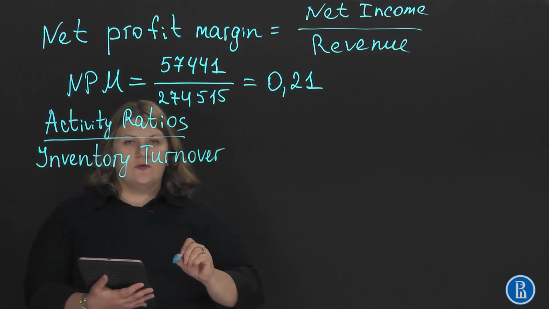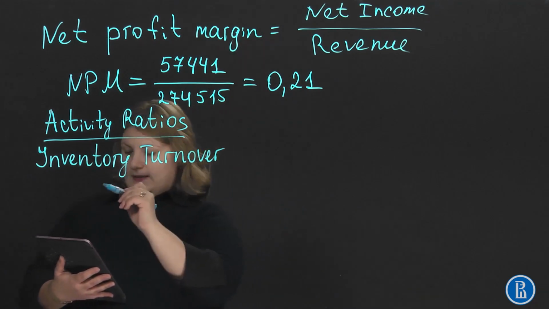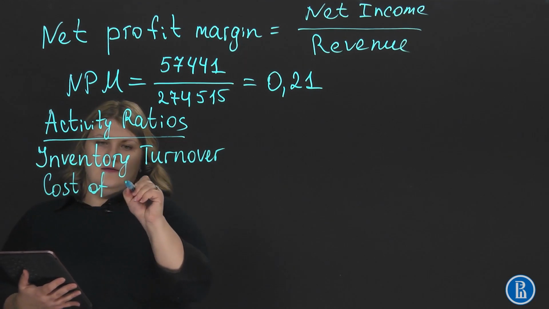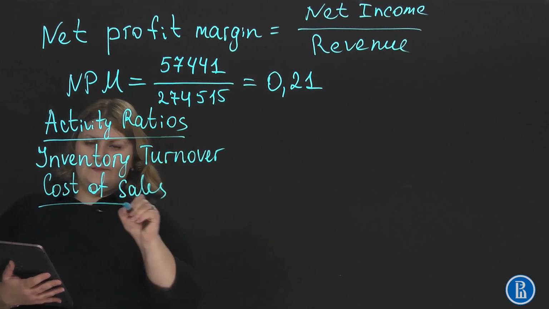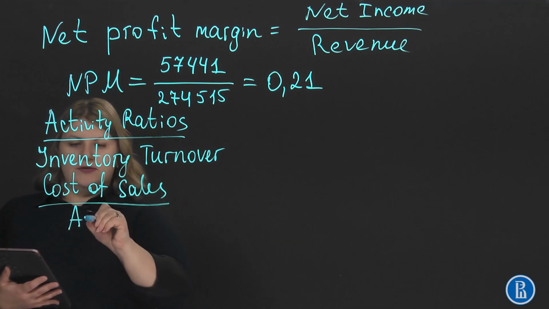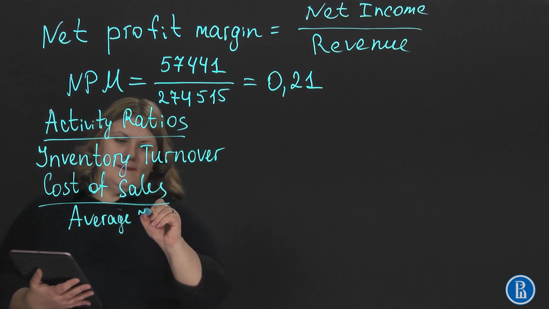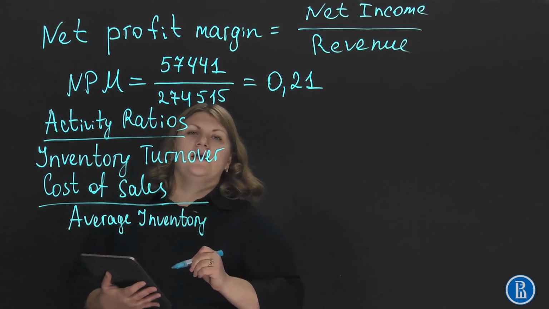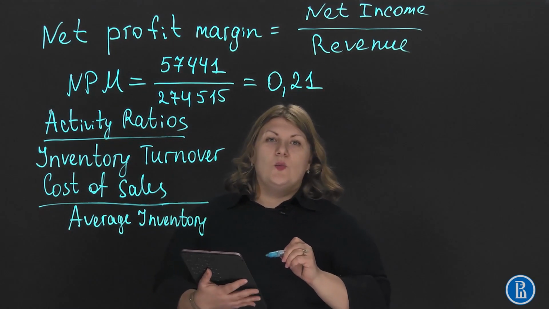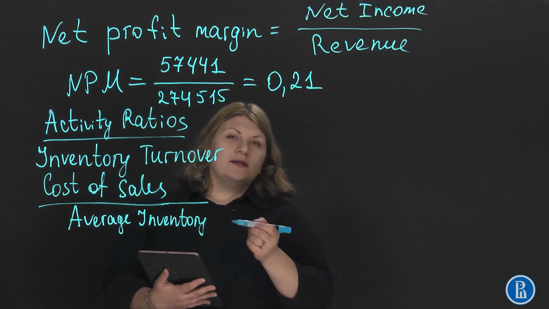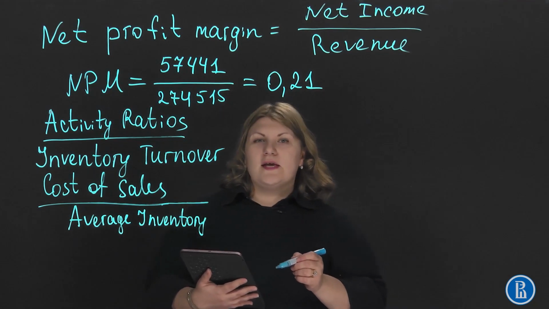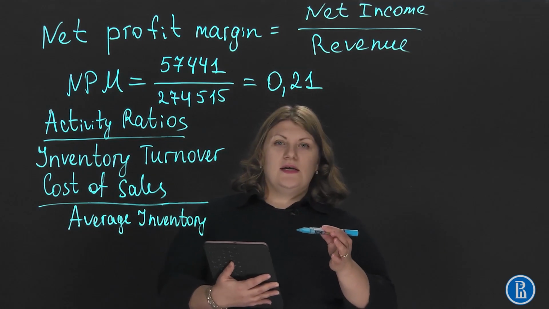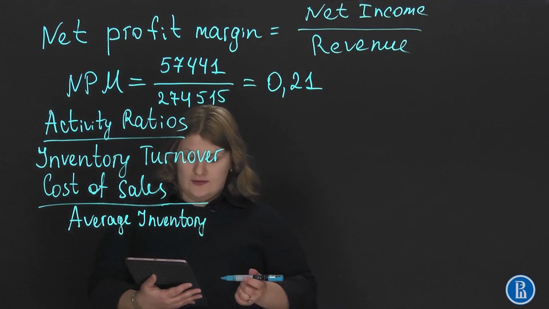The inventory turnover can be calculated as cost of sales over the average inventory. Now, the cost of sales will be represented in the income statement or statement of comprehensive income and can be found in additional materials to this lecture.